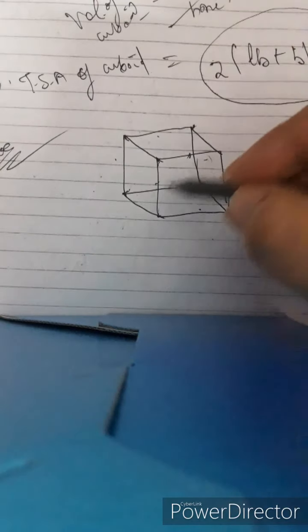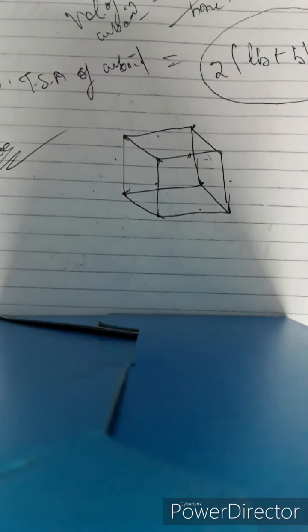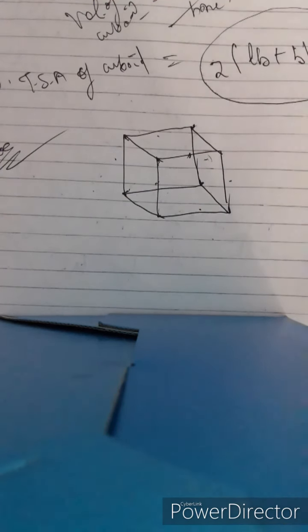In all the faces, all the sides of a cube are equal. Alright. A cube is a special case of a cuboid in which the edges are equal. All the edges are equal. Alright. Thus each face of a cube is in the form of a square.